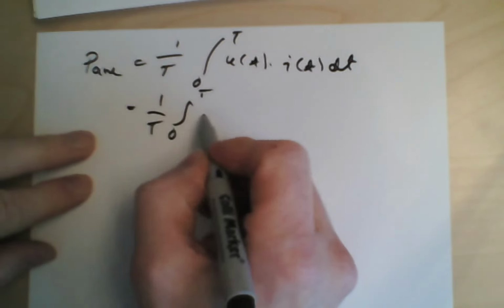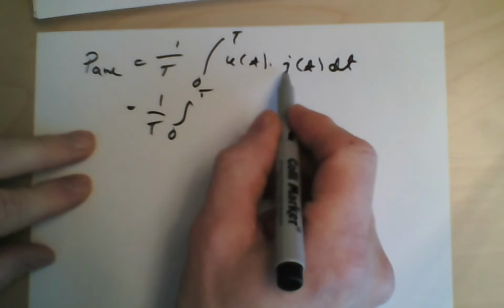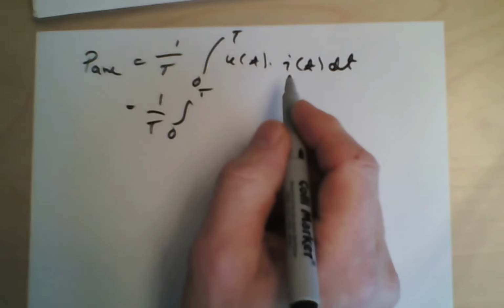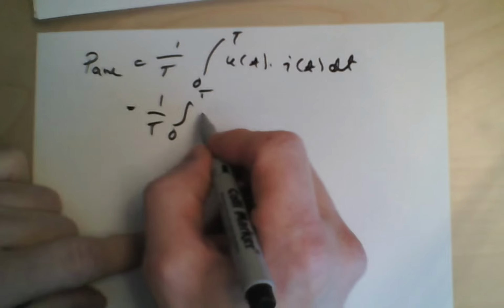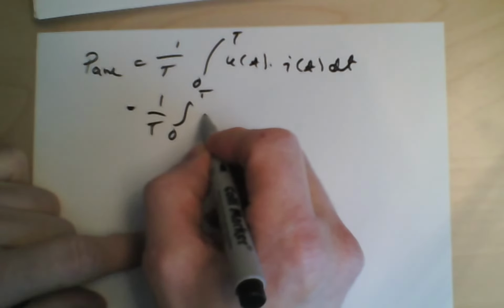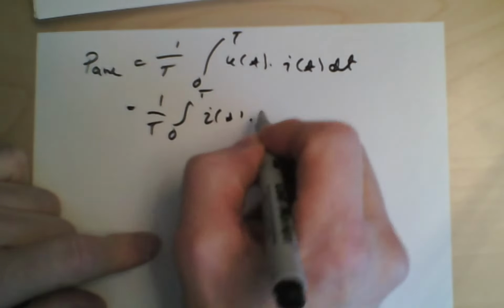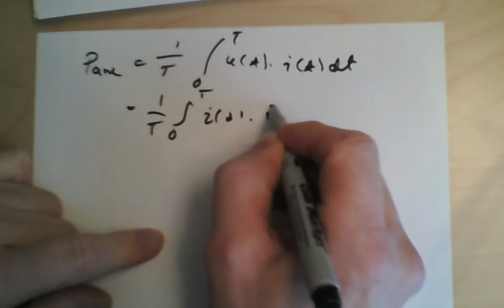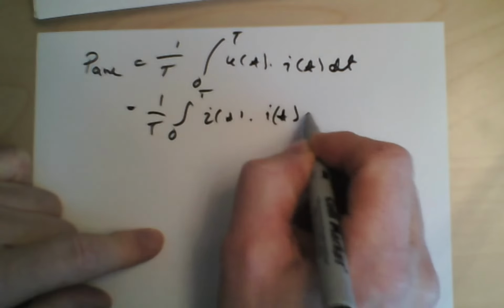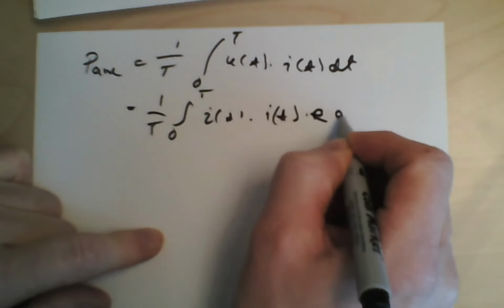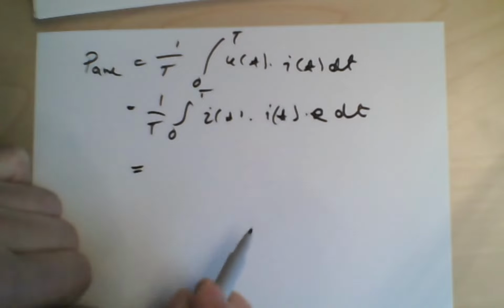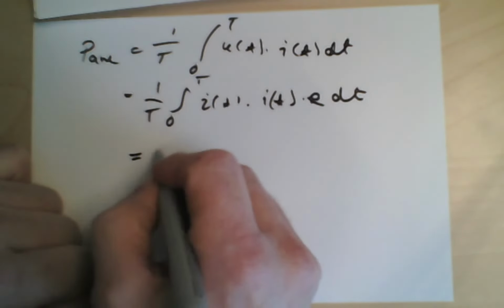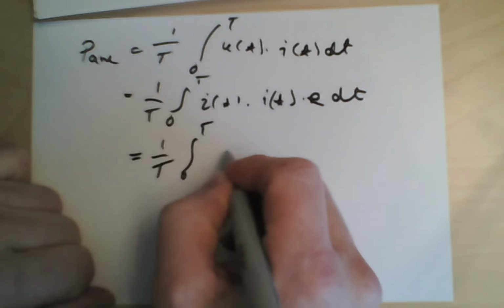So we have basically u equals i times R if we have a resistive circuit, or Z in general.